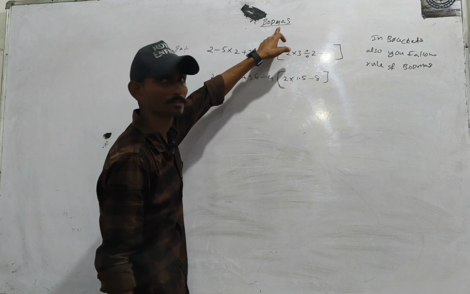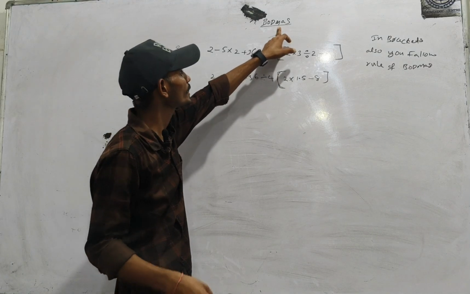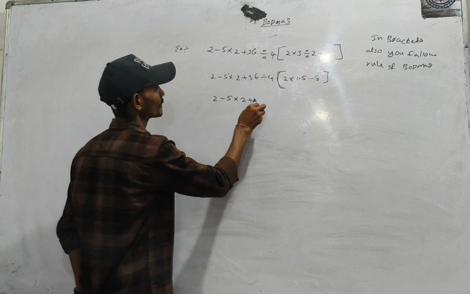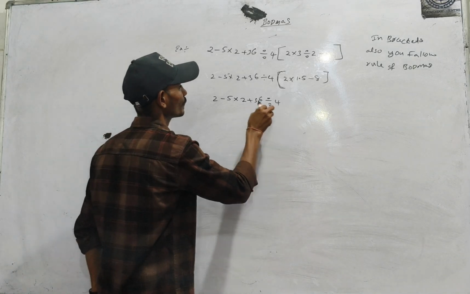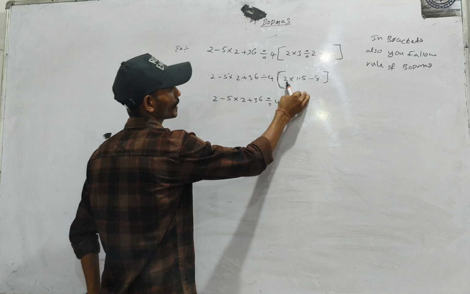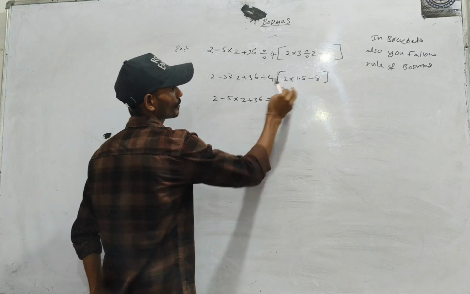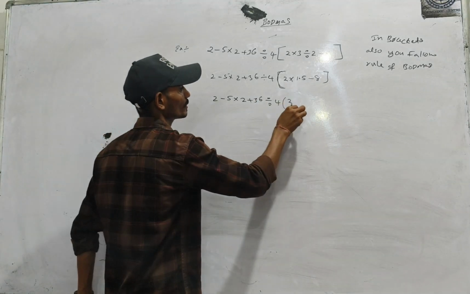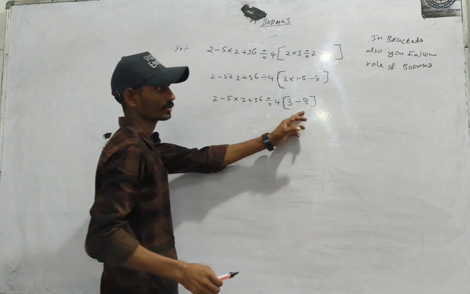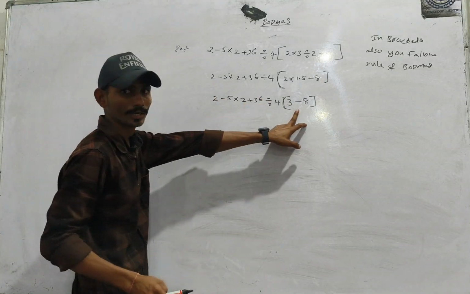After division there is multiplication. So you multiply: 2 multiplied by 1.5 gives 3, then minus 8. So you solve every step up to the end of the brackets.